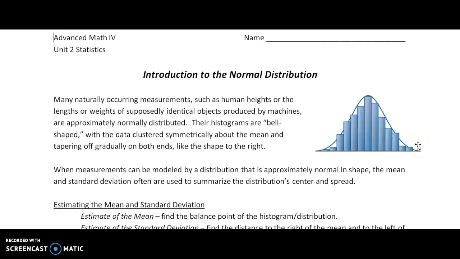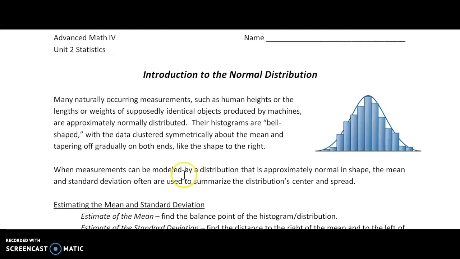Something can be bell-shaped and be a normal distribution as long as it has that general shape. But notice here, it's not always going to be perfect. If you look over to the left side of it, you have a few of those bars that actually pass the line, whereas on the other side, they go just to the line. They're under it, okay? So it may not be perfectly symmetrical, but it has that general shape, okay?